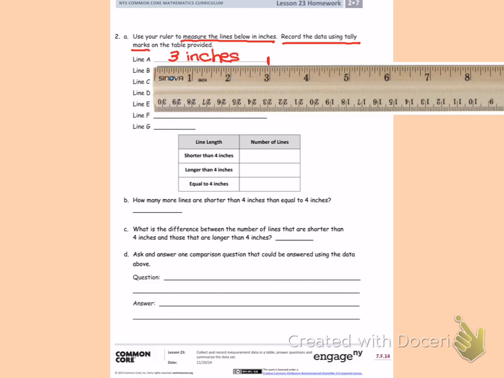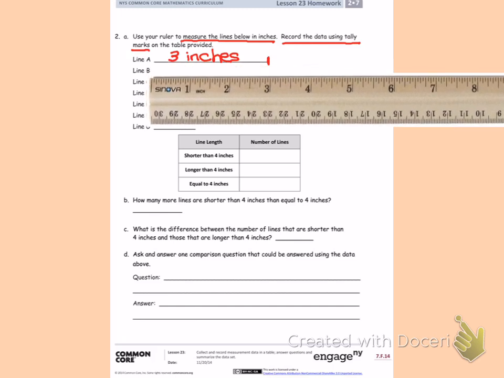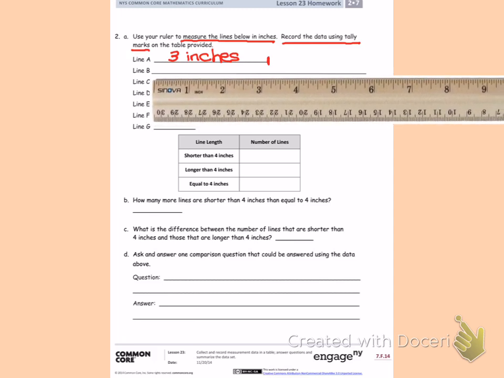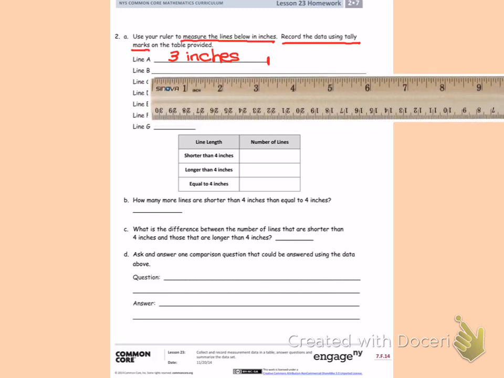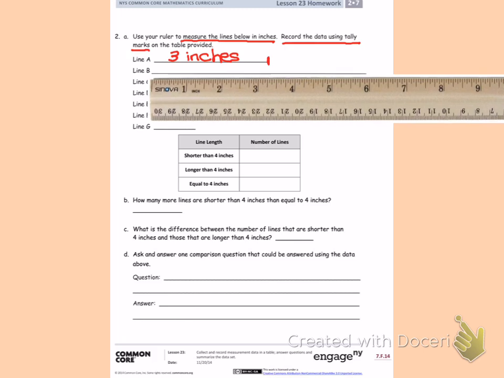Now I'll measure line B. Line B looks like the line ends right here on my inch ruler, which is where the 6 is.